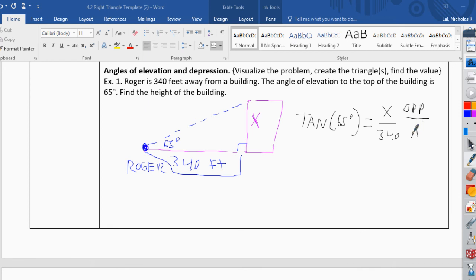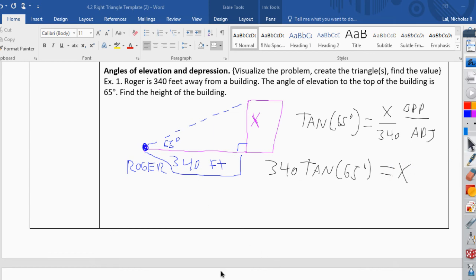So that's the 340, that's the adjacent side to 65. So now I multiply each side by 340. 340 times the tangent of 65 is equal to x.